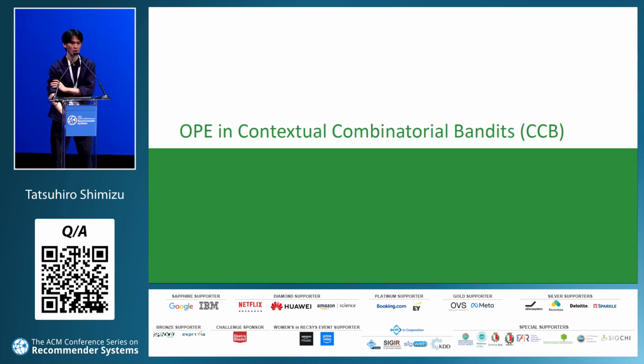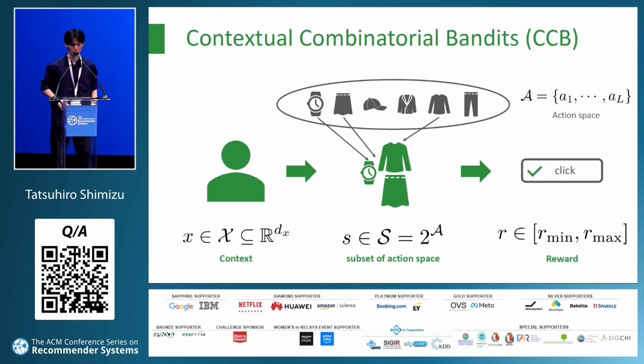Before proposing a new method, we are going to first formulate a problem by contextual combinatorial bandits, CCB. In CCB, we are interested in three variables. The first is the context S, which is user information in recommender systems.